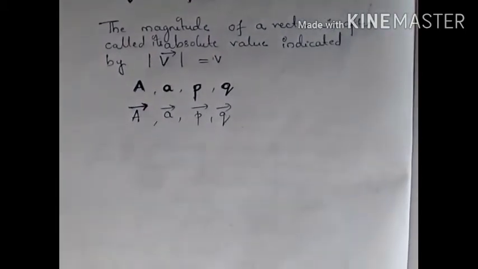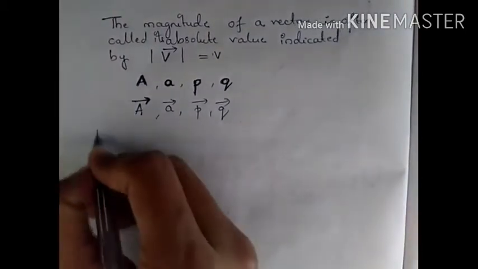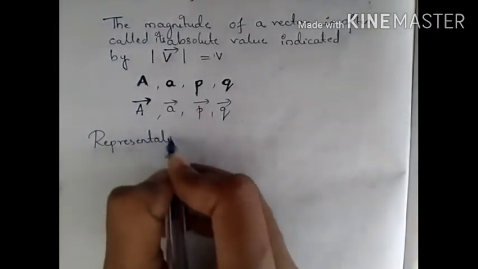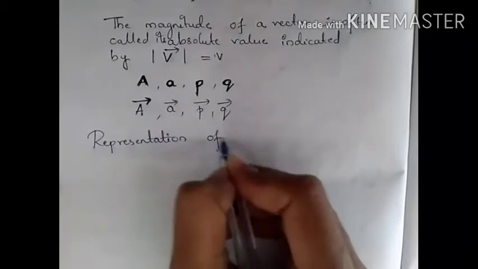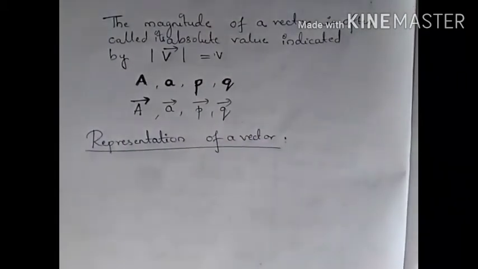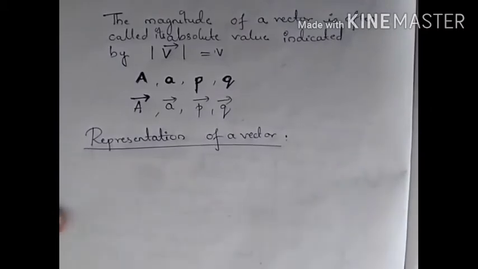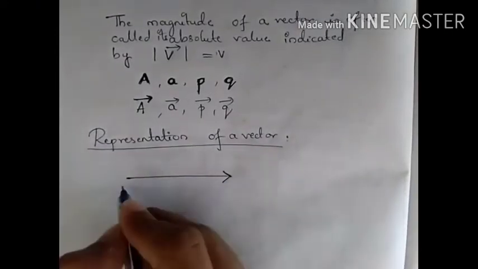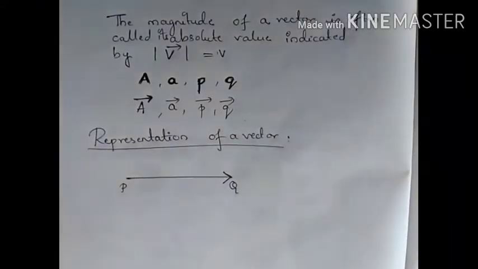Now the representation of a vector. A vector, as I already said, can be represented by an arrow line PQ.